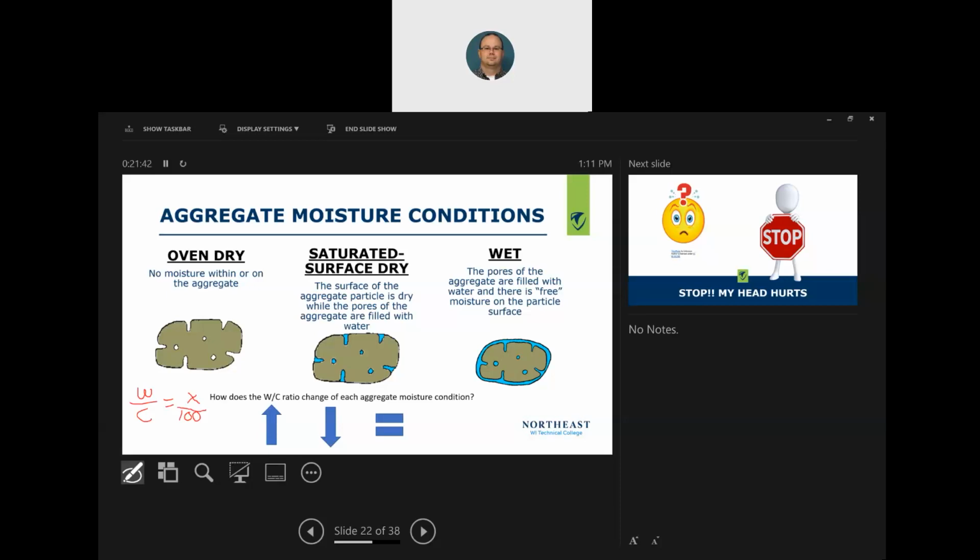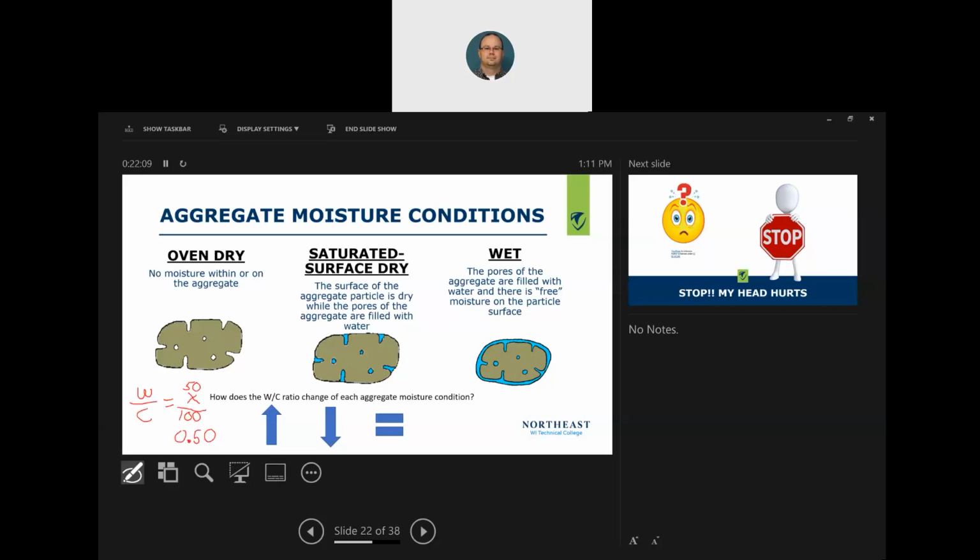If I need 50 pounds of water per 100 pounds of cement, what's my ratio? That is a 0.50 water cement ratio, right?